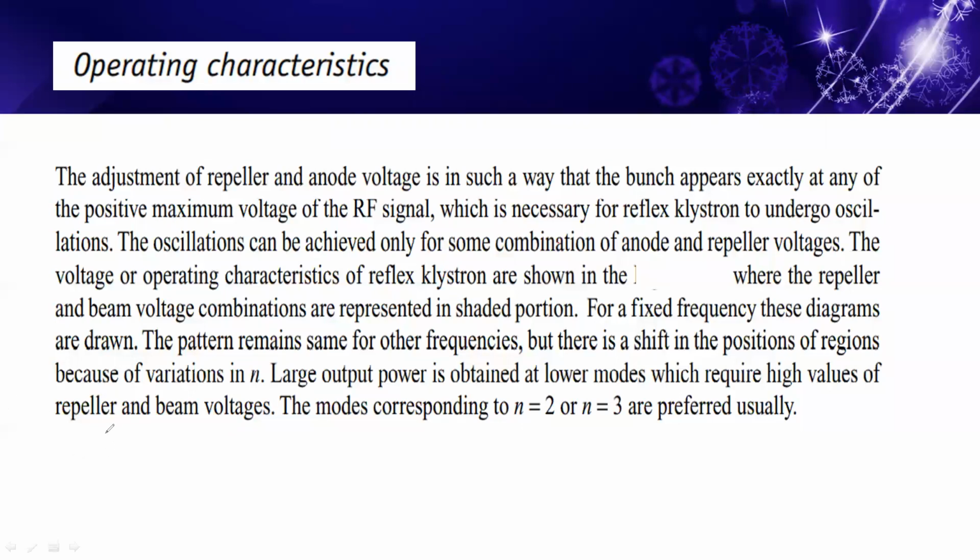Here I am taking the repeller voltage on the x-axis and frequency in gigahertz. Suppose the repeller voltage I am taking in volts from 0 in increments of 100, so 100, 200, 300, up to 1000.